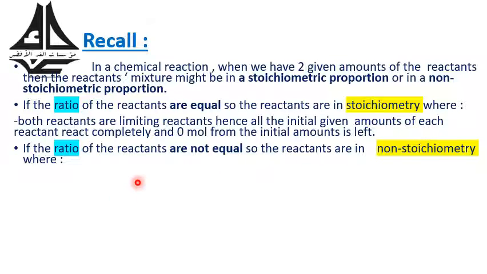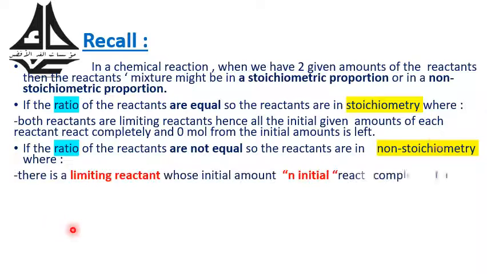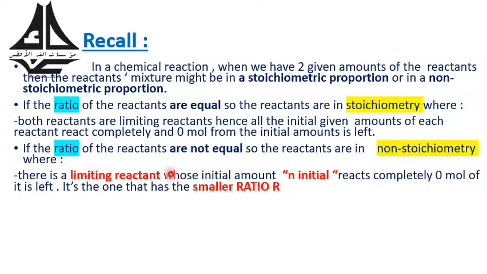If the ratio of the reactants are not equal, so the reactants are in non-stoichiometry where there is a limiting reactant whose initial amount, small n initial, reacts completely, so 0 mole of it is left after the reaction, and it's the one that has the smaller ratio.